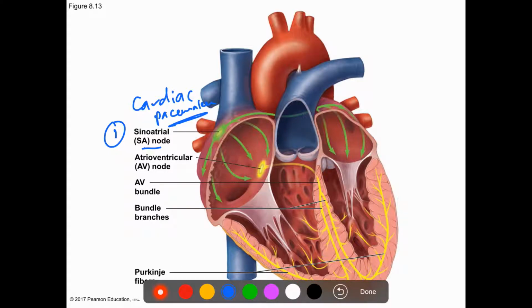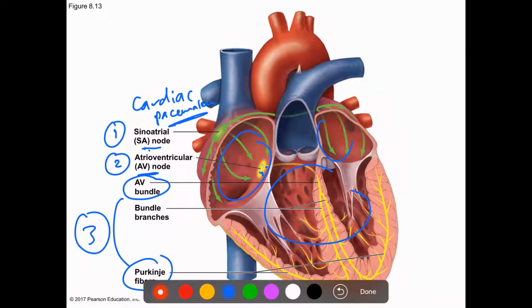Now, the SA node sends signals to the second one, which is the atrioventricular node, the AV node. The AV node is located between the atria and the ventricles, and as I said, receives signals from the SA node and delivers them to the third one, which is made of two parts: the AV bundle and the Purkinje fibers.